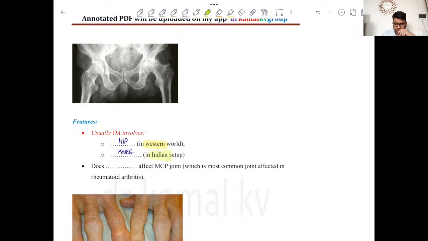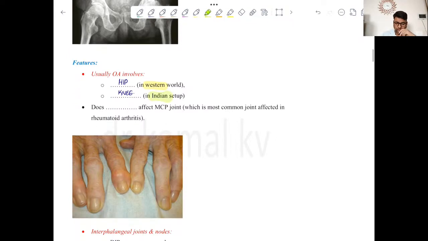Here you should remember one thing: it does not affect the metacarpophalangeal joint, and we just discussed that the MCP joint is commonly affected in rheumatoid arthritis.